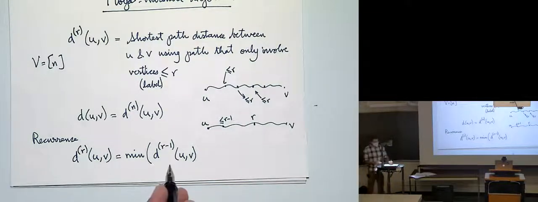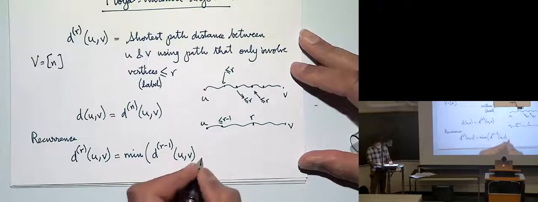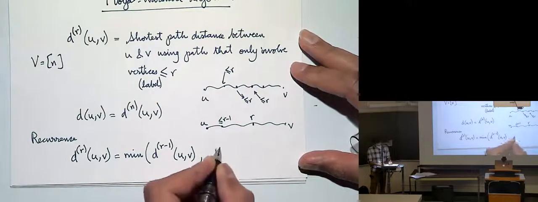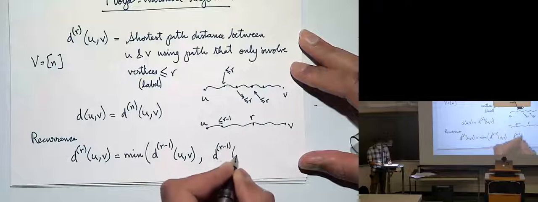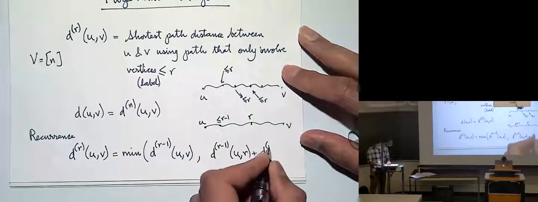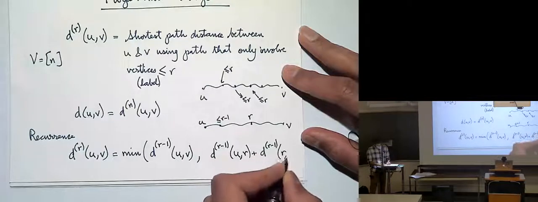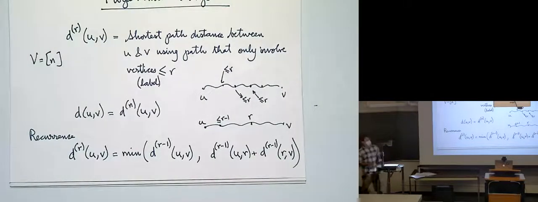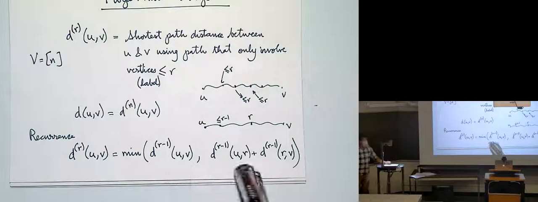So this is the min of d^(r-1)(u,v) and d^(r-1)(u,r) plus d^(r-1)(r,v). So that is brilliant. What is so brilliant about it? Well, now this min is just a constant time computation.